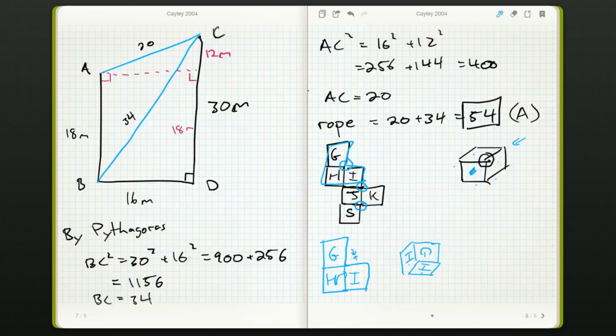Well, I can realize that I and K are going to meet up. And this edge of K is going to work its way over here. I think it'll be upside down. I'm not good at spatial reasoning myself either. And it's going to meet up with the G like this.